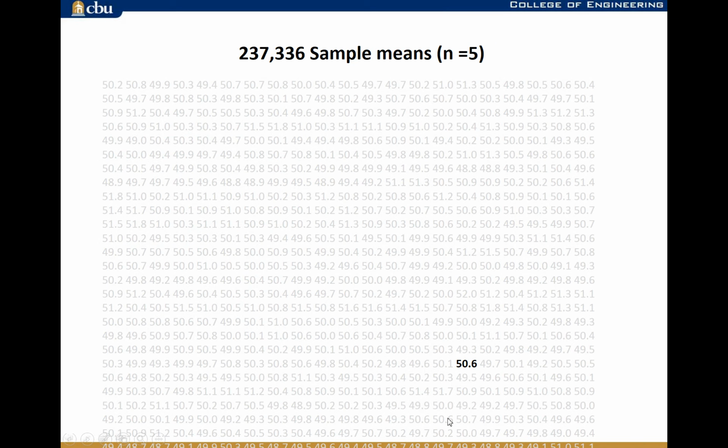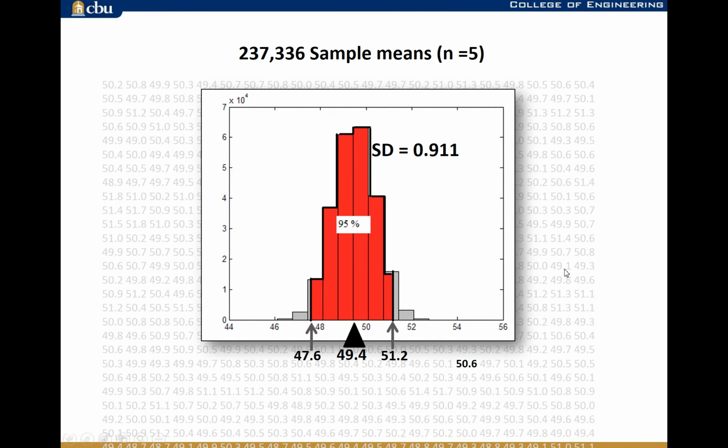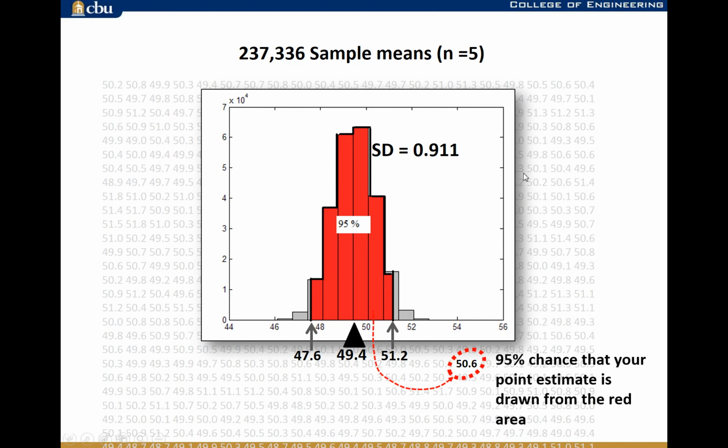So this is 1 of the point estimates. So let's look at the next step. We know the standard deviation of the error will be equal to 0.911. So this is saying that there is a 95% chance that your point estimate falls within the red area.